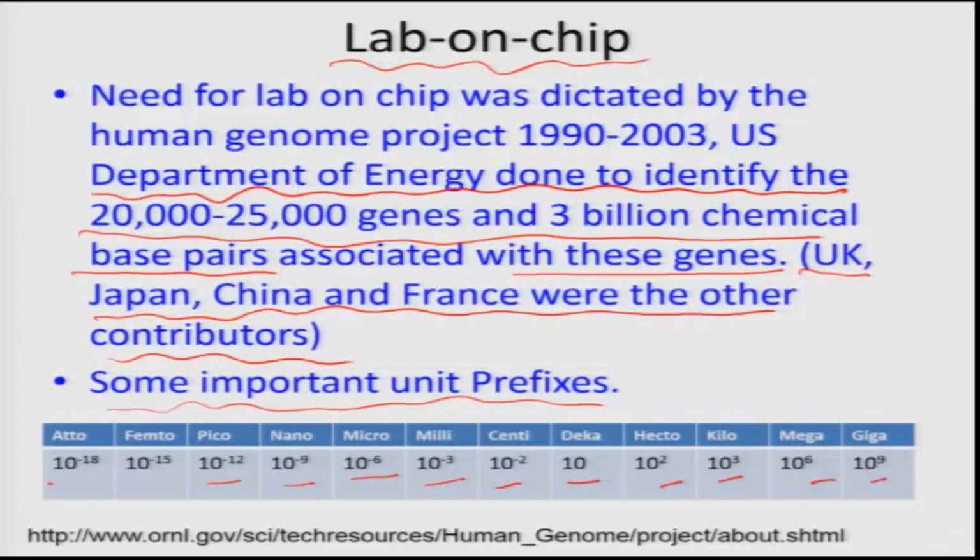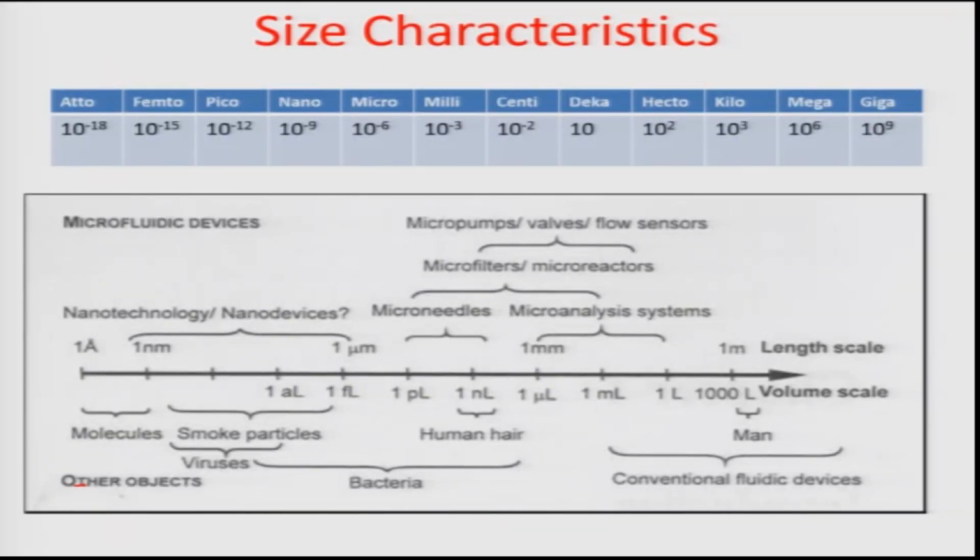So, these units are of relevance, particularly ones which are sub-millimeter scale as far as lab on chip or microflow based sensors are considered. And what we are going to learn in this particular set of modules in this particular week is about such sensors and actuators, which have microflows in the picture and are able to run on lab on chip devices.